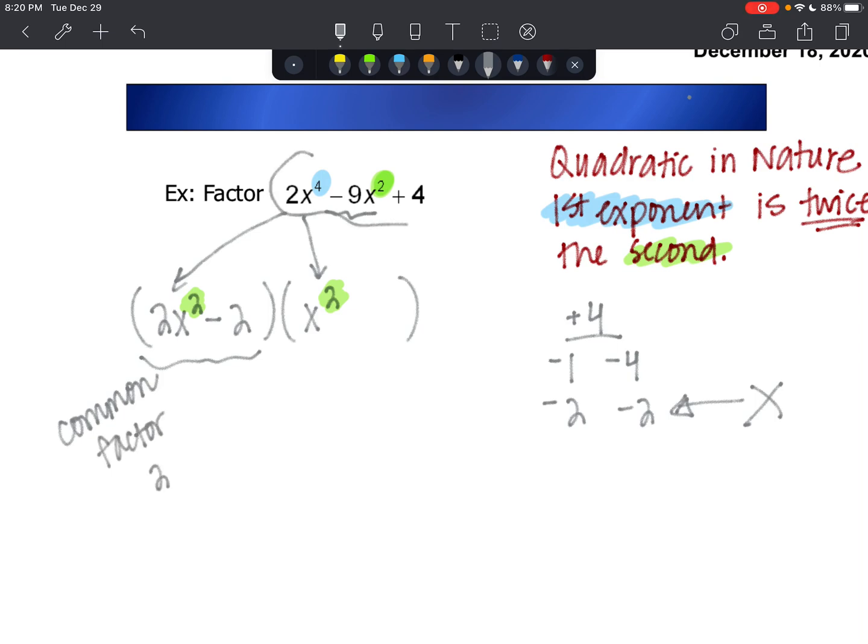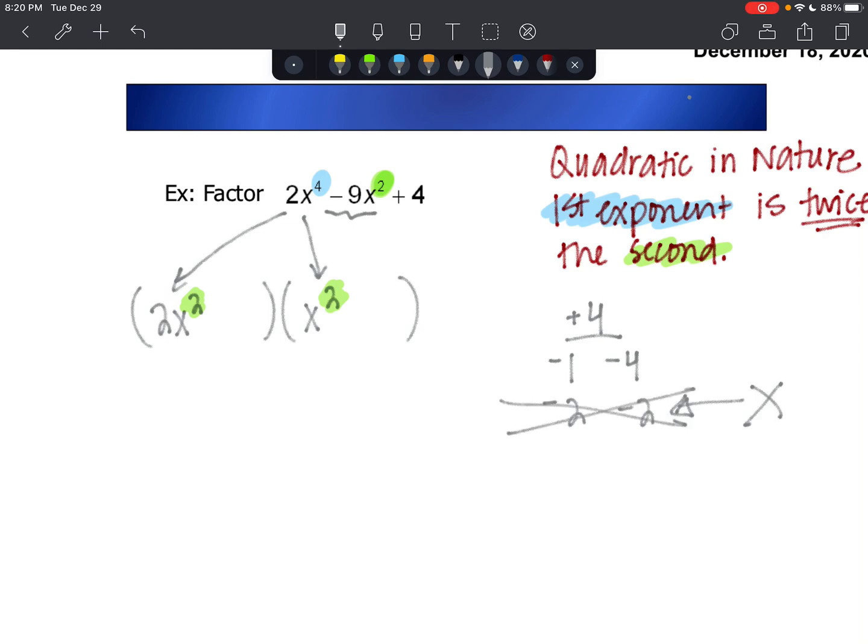Does the original problem have a common factor of 2? No, 2 does not go into 9. So since the original trinomial does not have a common factor of 2, neither will its binomial factors have a common factor. So I'm not even going to try the negative 2 and negative 2.